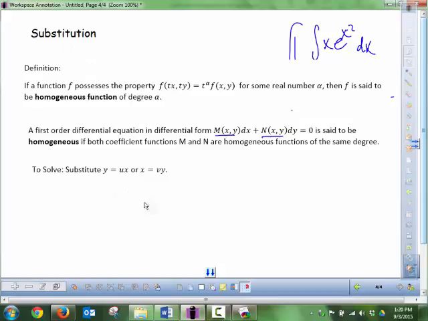You'll replace either x or y, depending on how you do your substitution. Now, in most of these cases, either substitution would work, but in some cases, one of them will work and one will not, or one of them would be more difficult than the other.